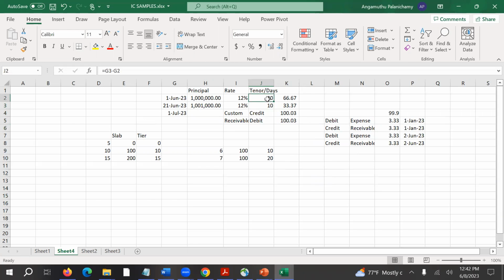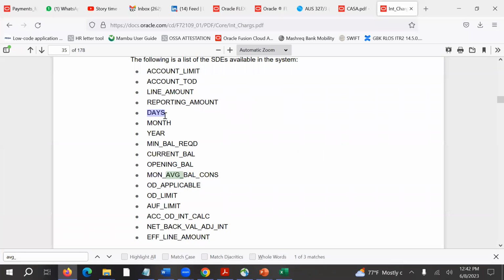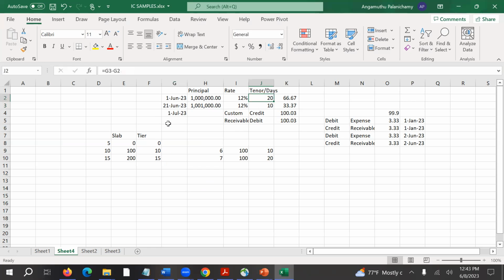So this tenor days, in case my rate change or principal change from this date to this date, how many days are there? So that many days system will give us as SDE days. And month, similarly, what is the period?